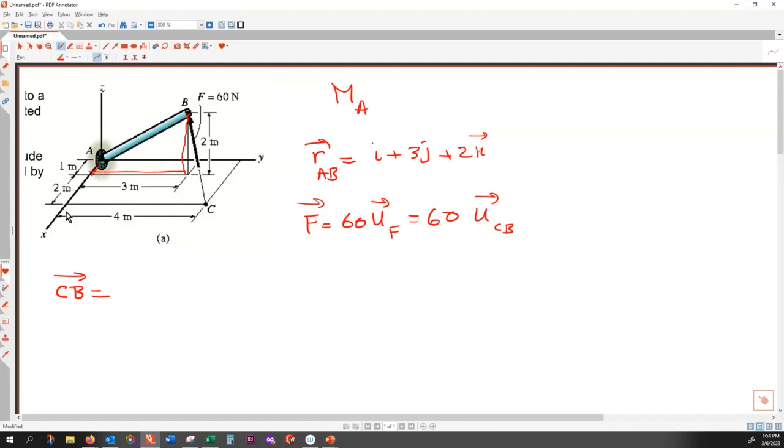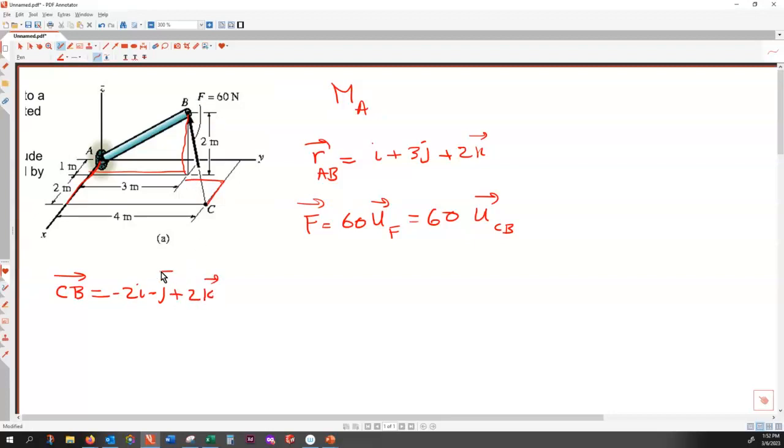So CB as a vector: I'm going to go from C to B. I move 2 meter in negative i, then 1 meter in negative j, and finally 2 meter in the positive k.